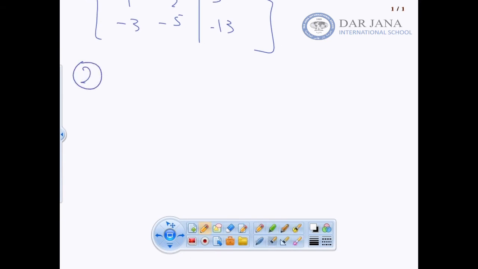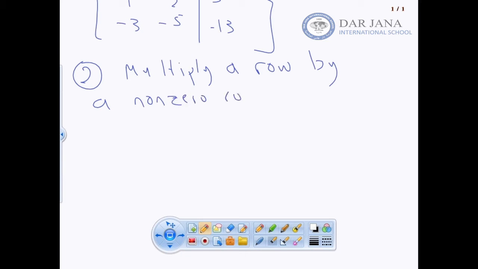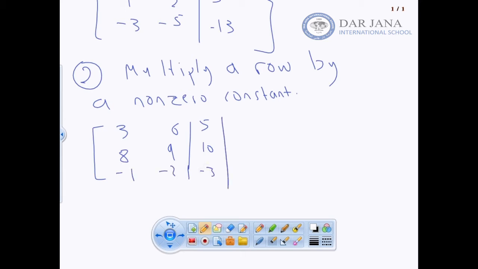Okay, the second row operation: we can multiply a row by a non-zero constant. Example, let's take this augmented matrix: 3, 6, 5, 8, 9, 10, -1, -2, -3. Let's multiply R2 by 4.